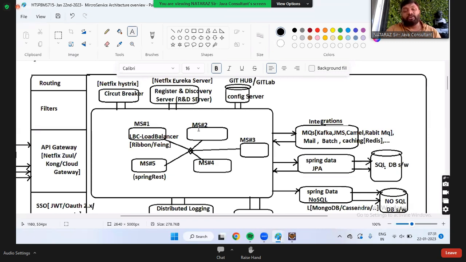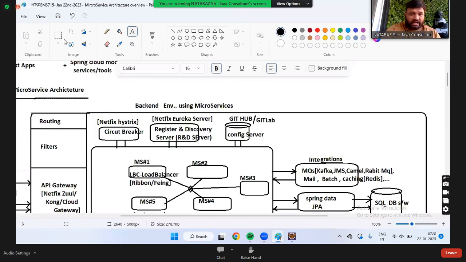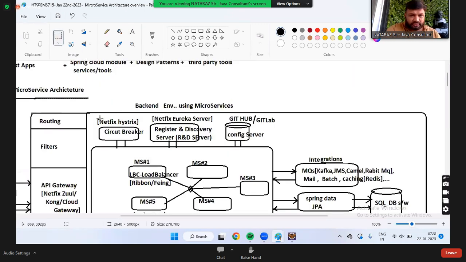For that purpose, we will take the Hystrix circuit breaker concept. Circuit breaker concept, and that is supplied by Netflix Hystrix.